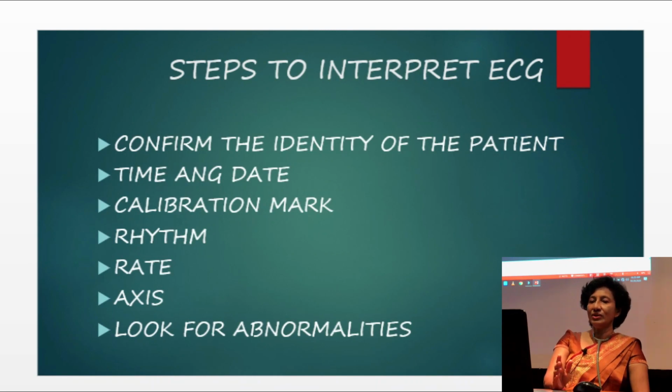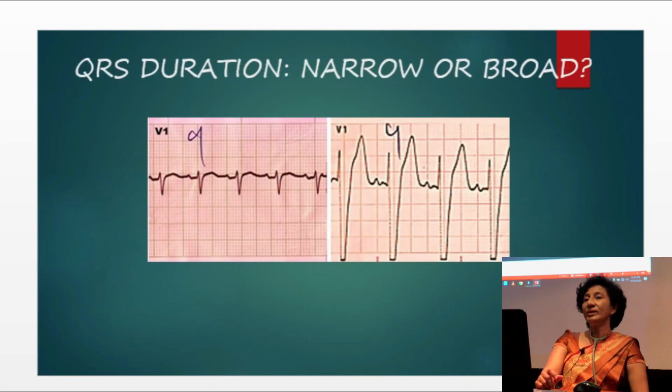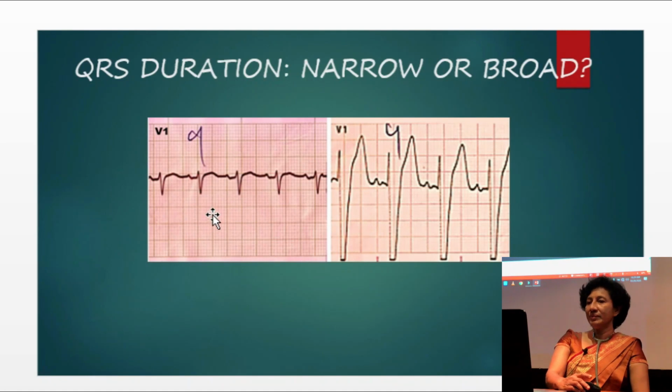Analysis beyond that depends on the QRS duration. The QRS complexes basically can be either narrow, as in normal sinus rhythm, or broad. Those are pathological.